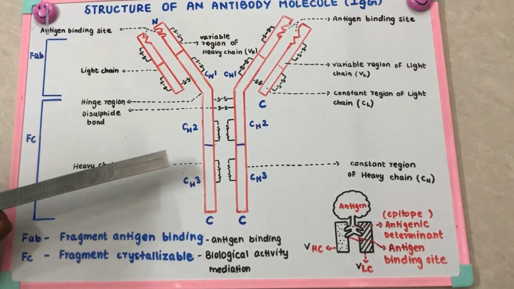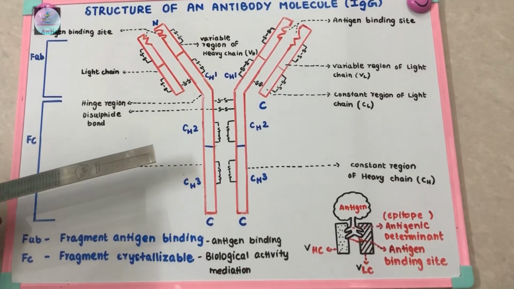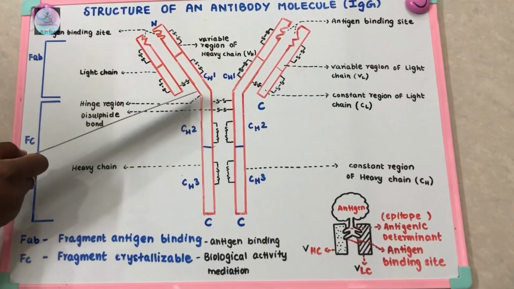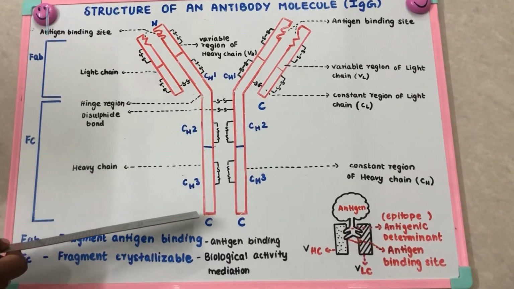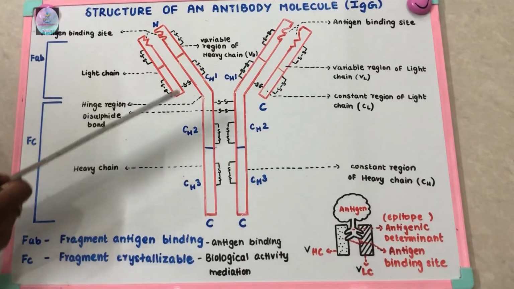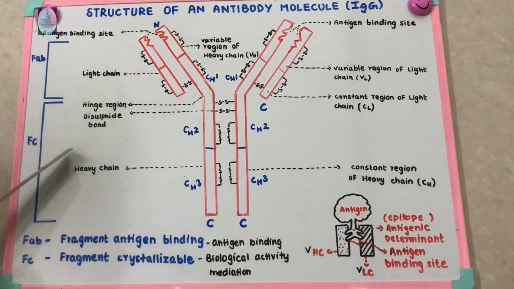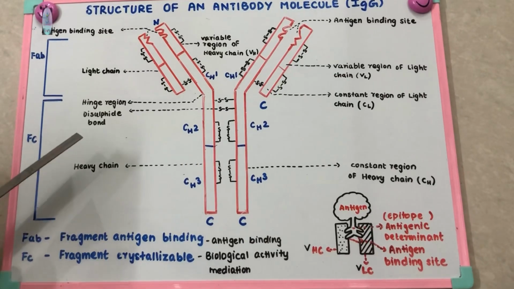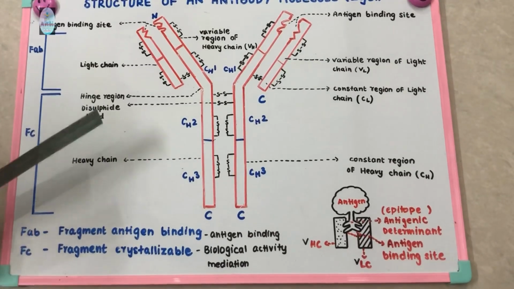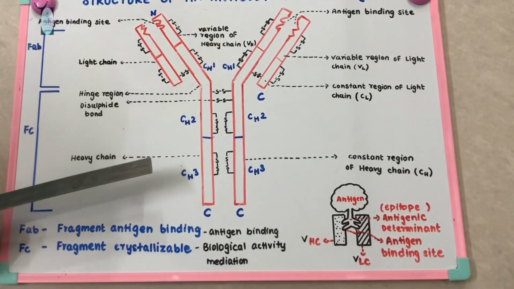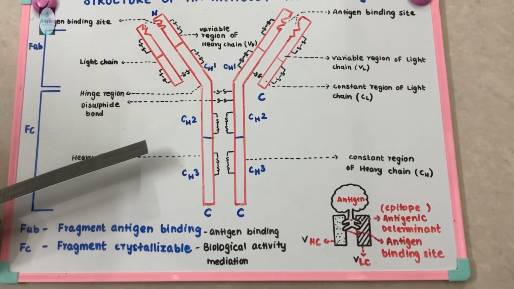It helps in the interaction with effector cells, and to identify this region you can look here. The stem of the Y-shaped molecule is nothing but the FC region. So this forms the FAB region and the stem forms the fragment crystallizable. The name is because it is crystallizable in cold storage, and hence we call it fragment crystallizable.